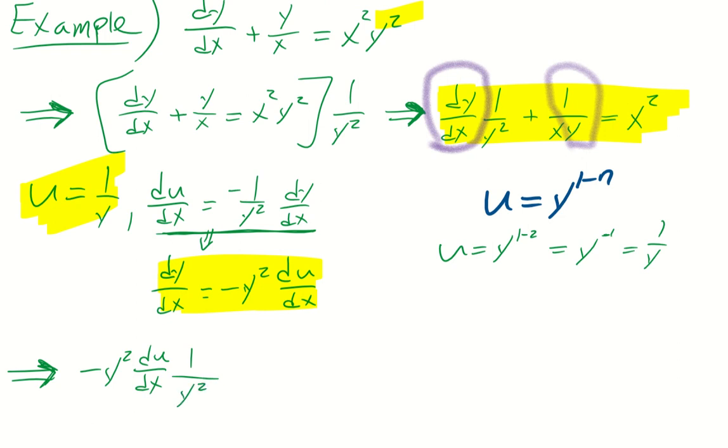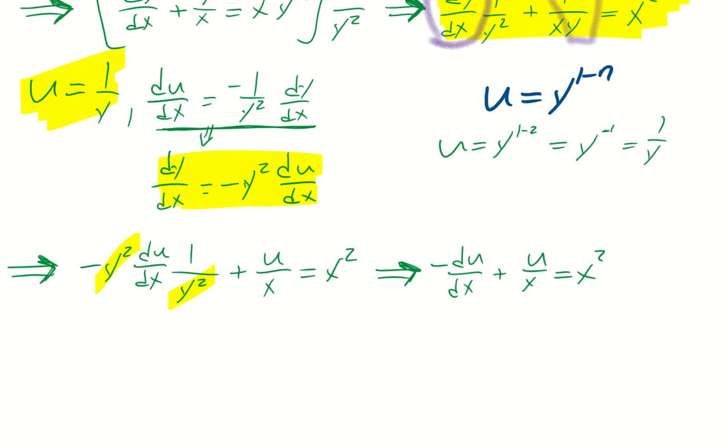So we're going to enter into u land. Plus u over x is equal to x squared. Let's simplify that, because we have this y squared over y squared. So now we have minus du/dx plus u over x is equal to x squared.